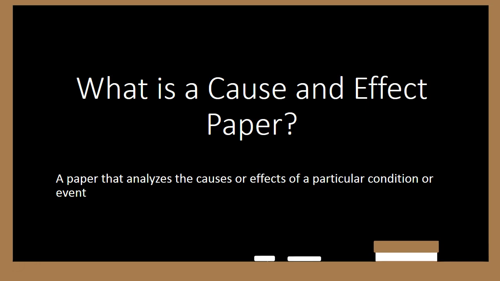Another example of how you would examine the causes of a particular thing instead of what the particular thing has led to, you can look at the impact LeBron James has had on the NBA.